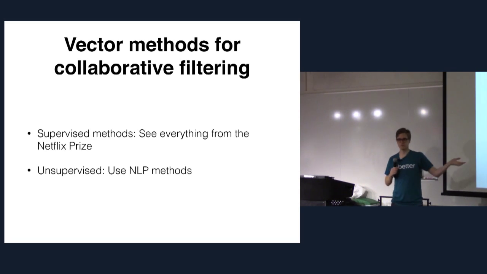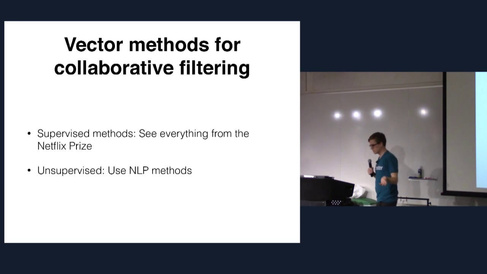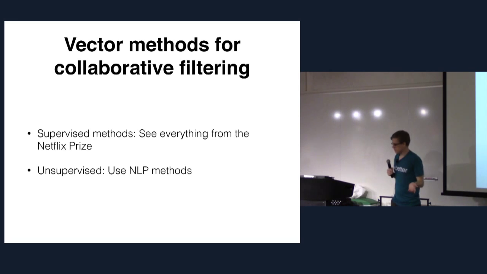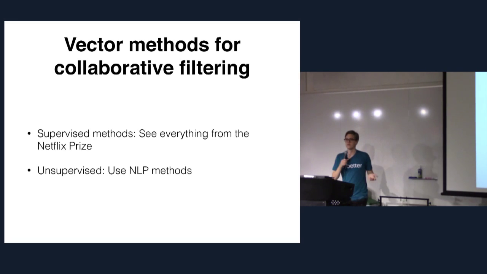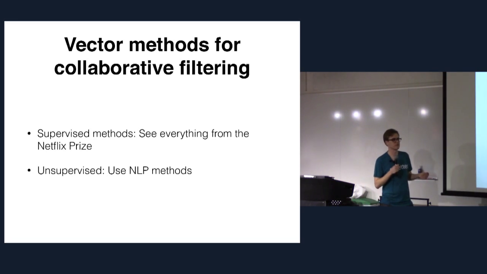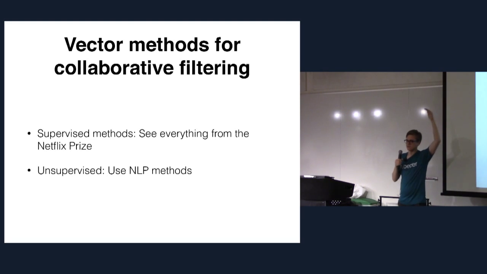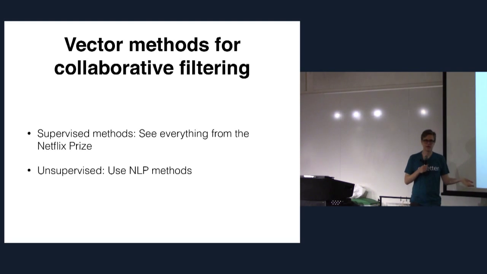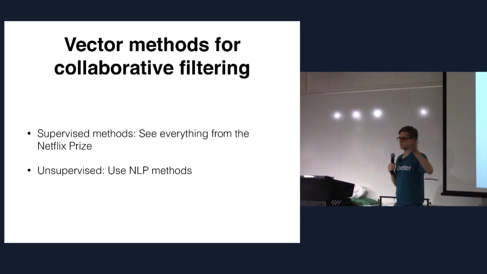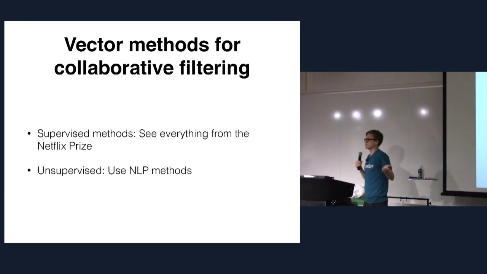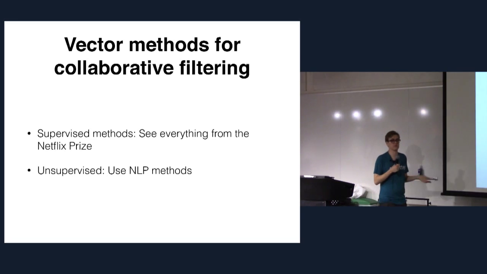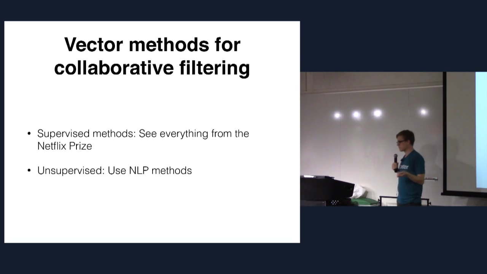They're all supervised. Spotify would typically be unsupervised. Turns out unsupervised is essentially equivalent to NLP, natural language processing. You're looking at a playlist as a document. You're looking at the tracks in that playlist as a series of words. And then you can run something like word2vec. Word2vec works really well for music recommendations.